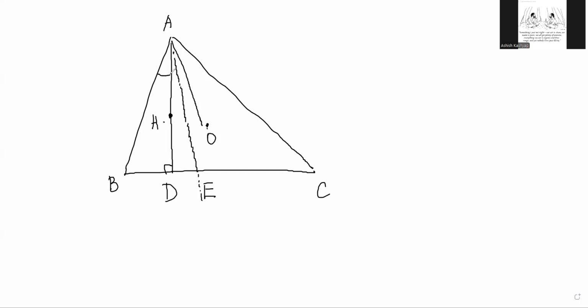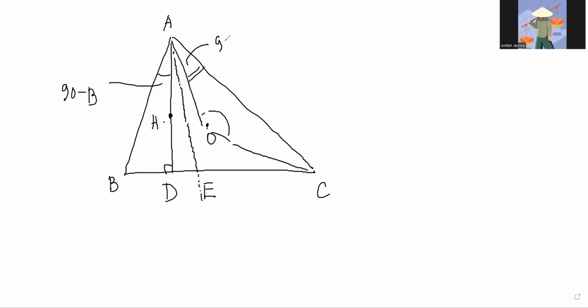So we already know this angle is 90 minus B. We know that this angle, this much, will be 2B, so this is 90 minus B. So it is done, because the bisector divides angle A into A by 2, A by 2.